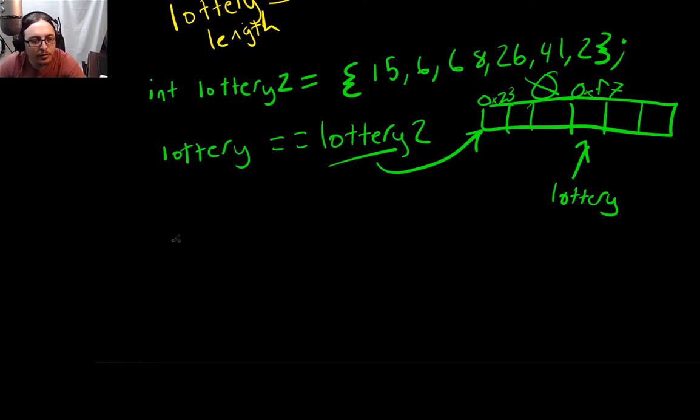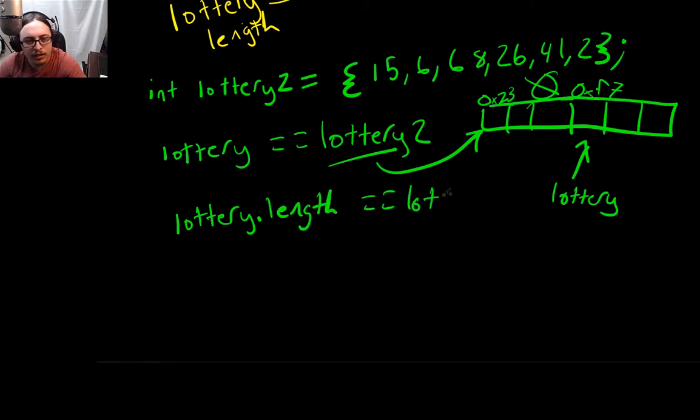So if you wanted to compare these two arrays, first you would have to do a number of comparisons, right? Is lottery.length equal to lottery2.length?